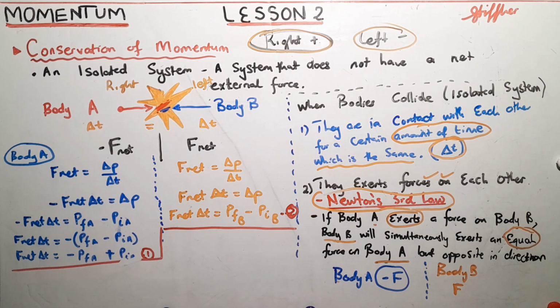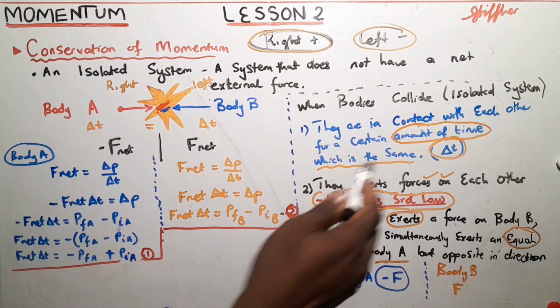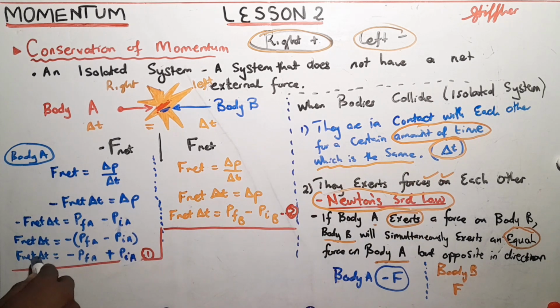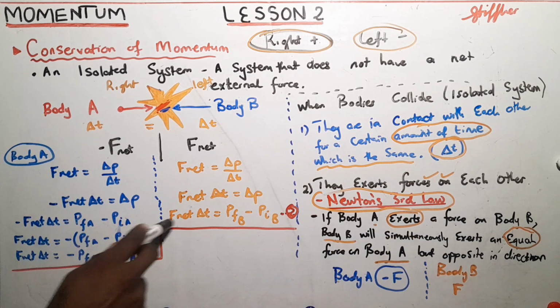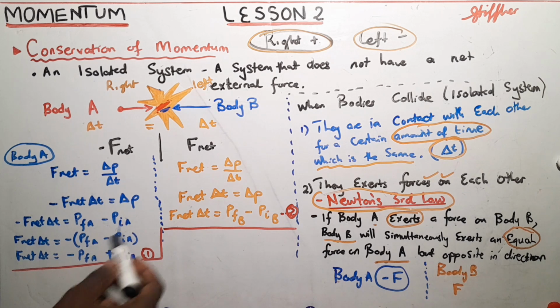Since we said that the time is the same and also the force is equal, it means that this side is equivalent to this side, so we can equate these equations.